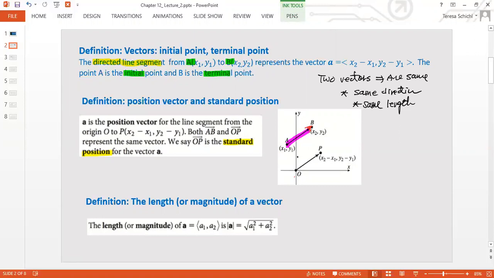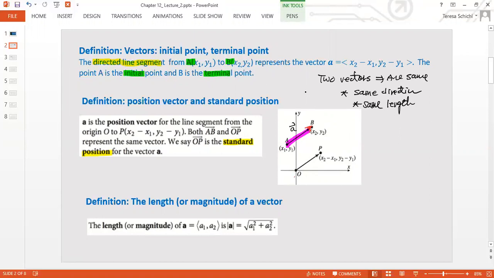When you move the vector, this is the vector A, my position vector. When you move the initial point to the origin, this is what we call a standard position vector. It shows which way the vector goes and how long it is.